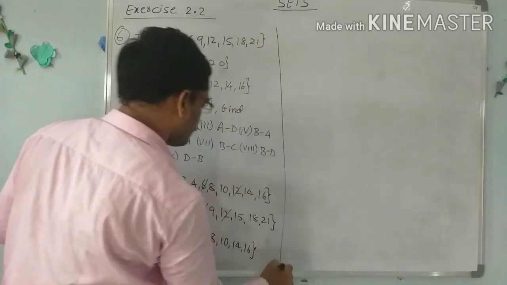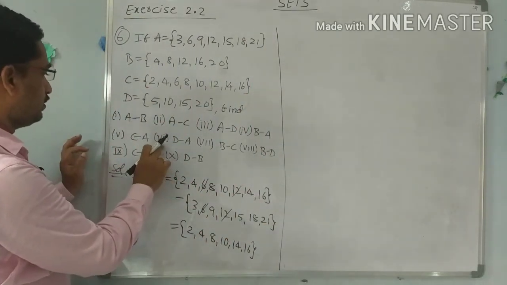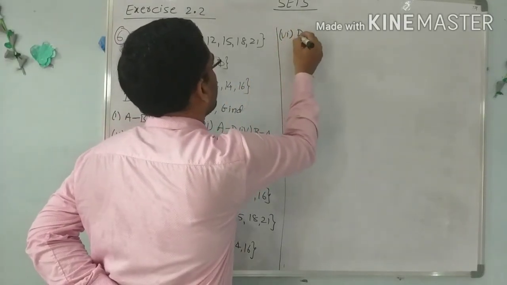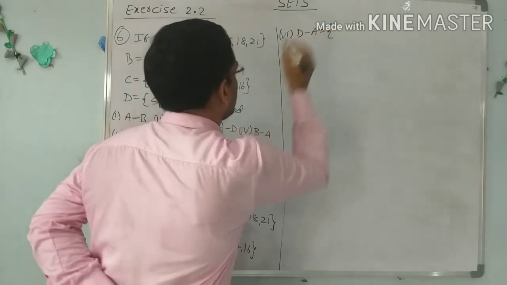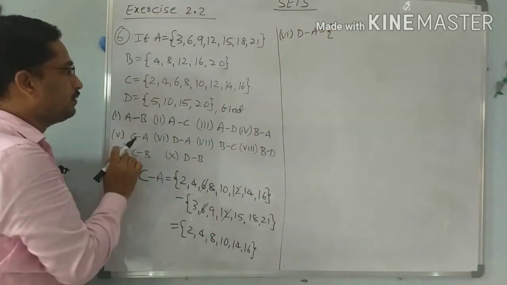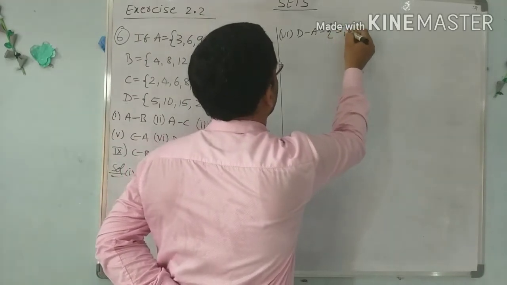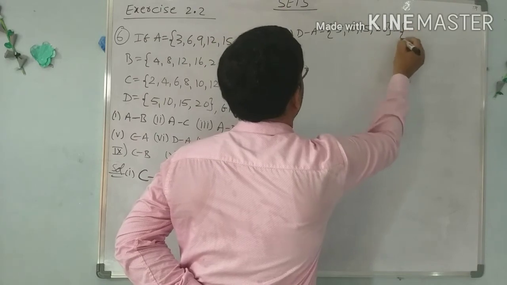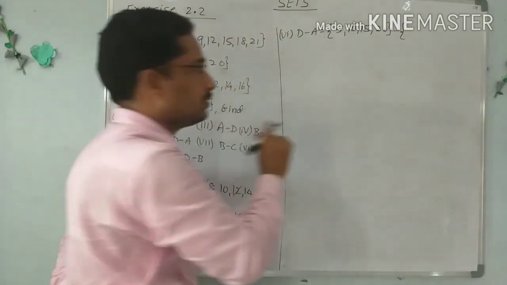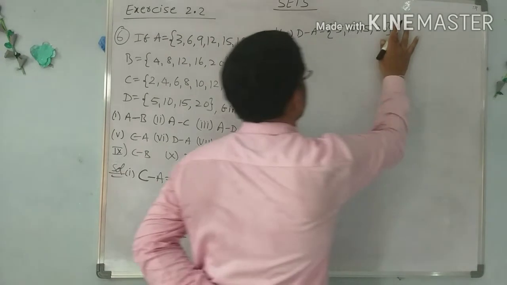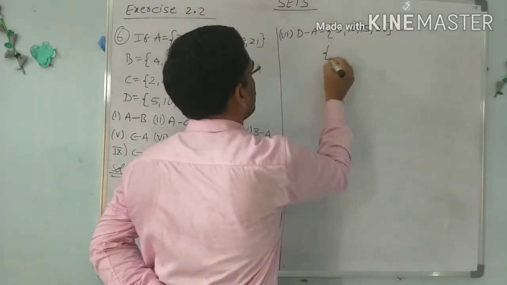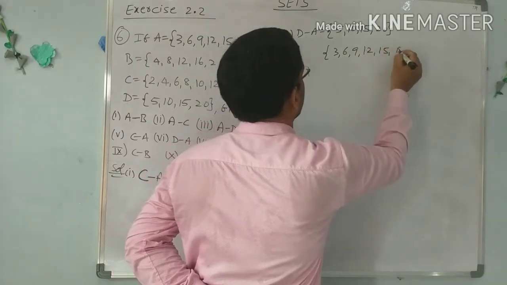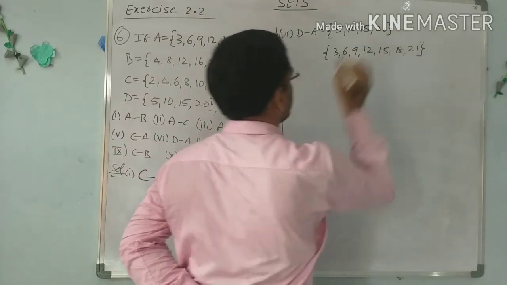Next, the fifth one is completed. Sixth one, D minus A. D means 5, 10, 15, 20, minus A. The set A elements are 3, 6, 9, 12, 15, 18, 21.